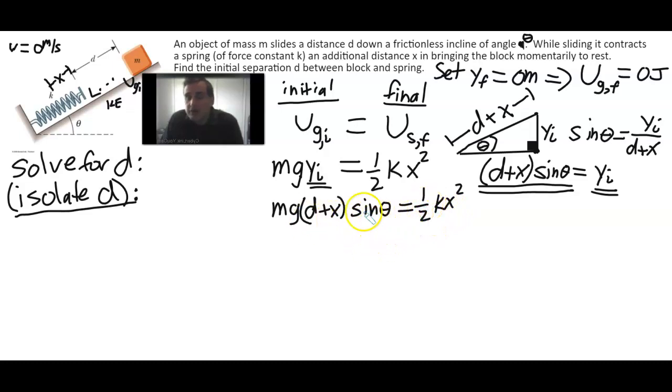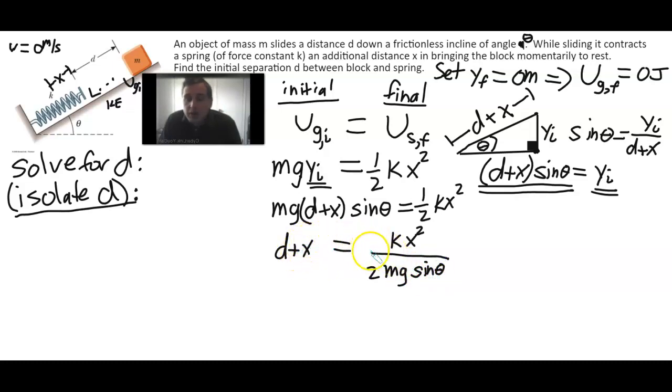So let's go ahead and start to set a numerator separate from a denominator. So let's do d plus x, which is what remains on the left-hand side. By dividing by mg sine theta, this should be equal to kx squared over 2 times mg sine theta.